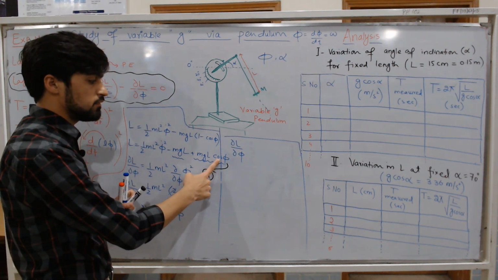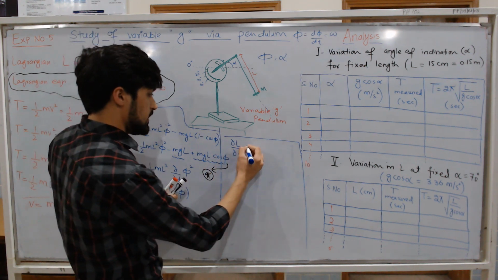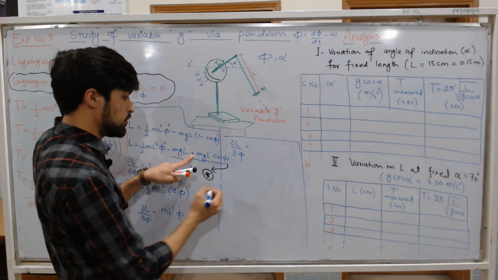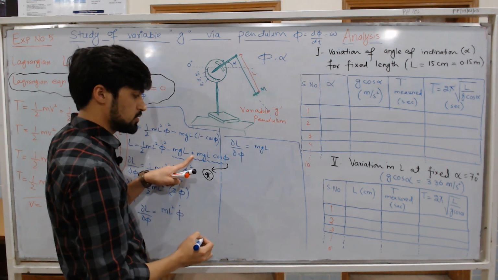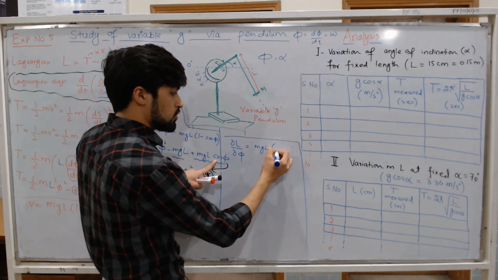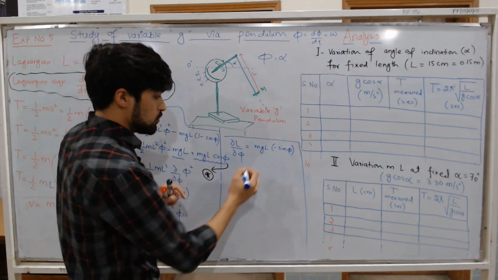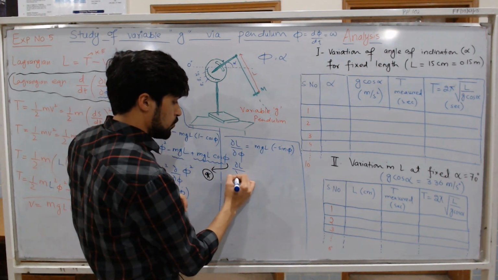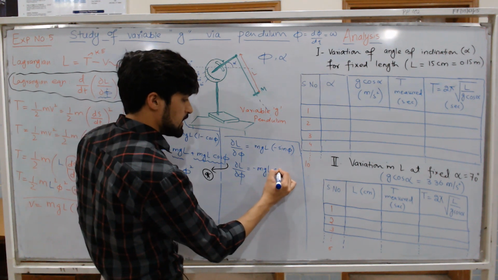The derivative of cos phi is minus sin phi. So I can clearly say that del L over del phi is equal to mgl, which will be taken out because these are constants, and the derivative of cos phi is minus sin phi. So this is actually equal to del L over del phi is equal to minus mgl sin of phi.